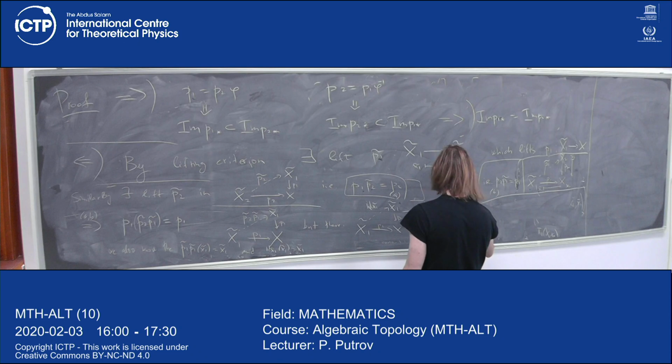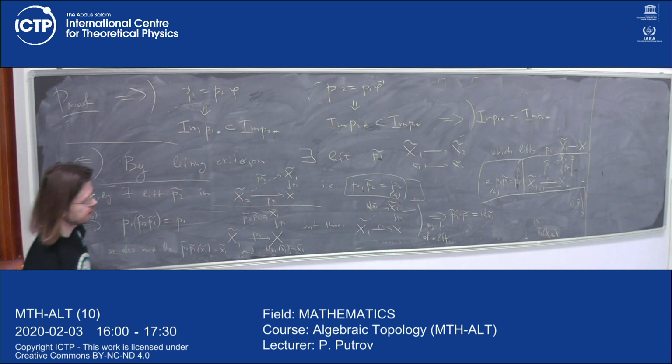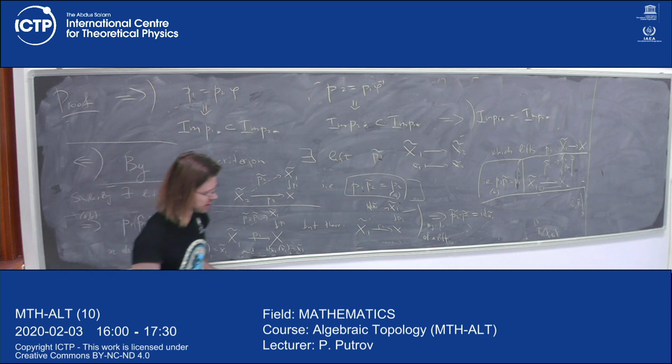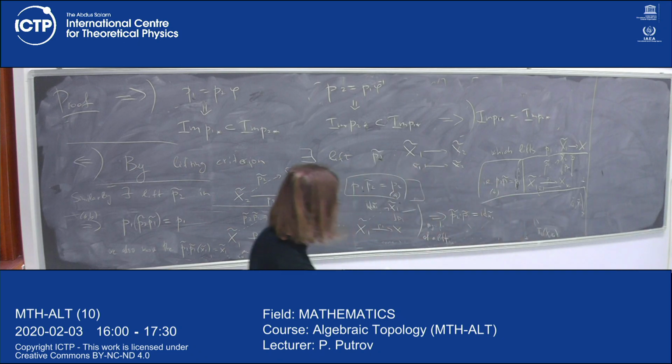In particular, this composition is just identity on x1 tilde by uniqueness of a lift. We use that uniqueness: if two lifts coincide at one point, they are the same.